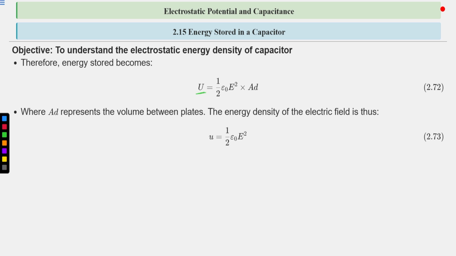So the potential energy per unit volume between the capacitor plates is equal to the energy density. We divide the energy by volume and we get half epsilon naught E squared, which is the energy density.